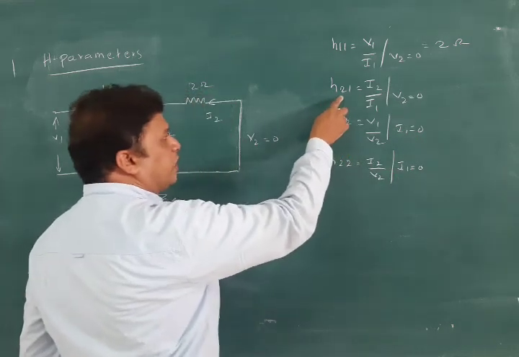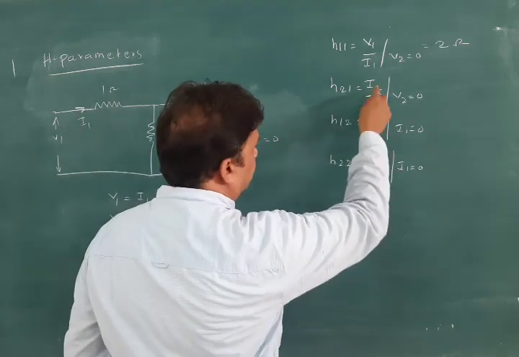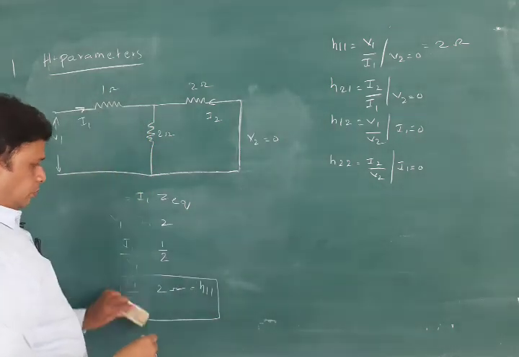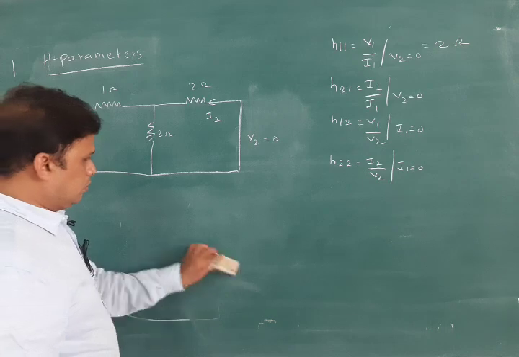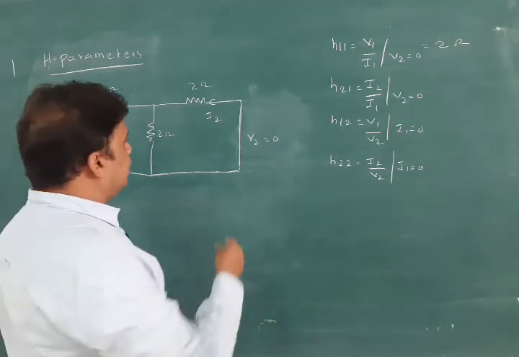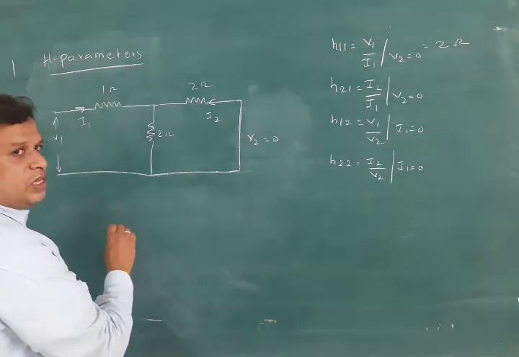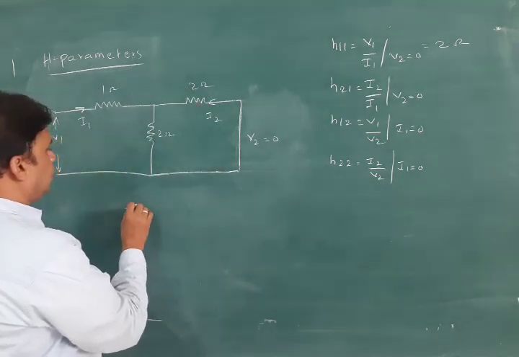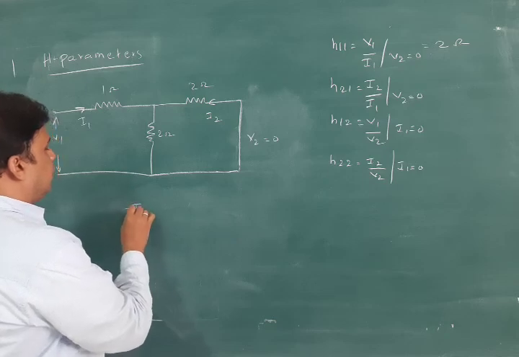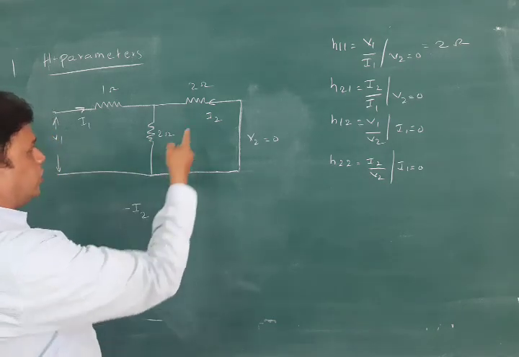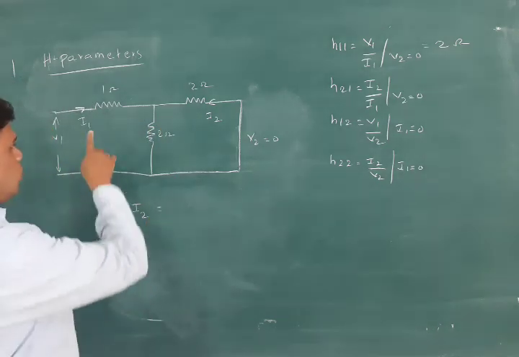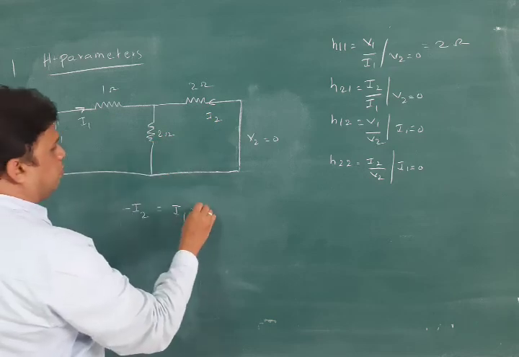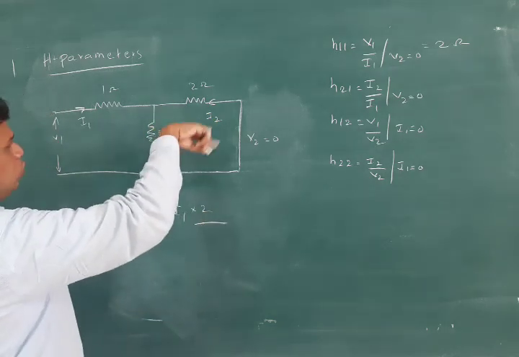Right? Now we will find out H21. H21 is equal to I2 by I1. From this circuit, by applying the current division rule, we can write minus I2, because it is in reverse direction, is equal to total current into opposite resistance by total resistance of this loop.